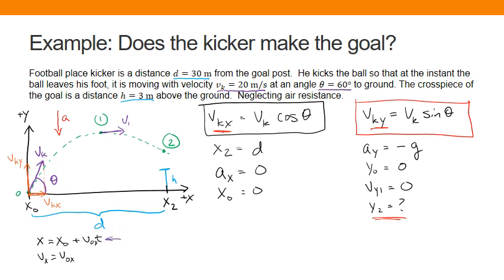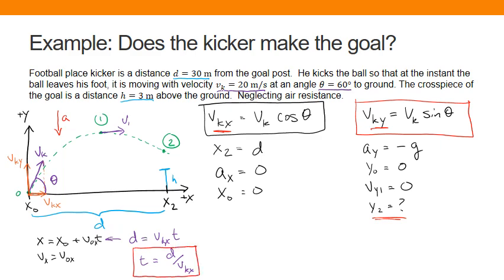From this equation, I'm going to plug in my values. I get d equals 0 plus vkx t, which I can rearrange to say t, my time, is just d divided by vkx. That is going to be a key bit of information.